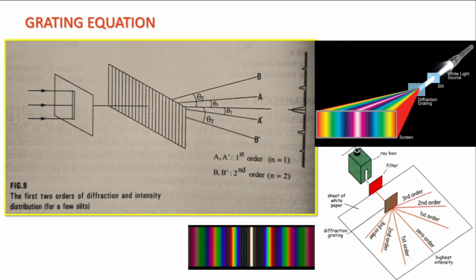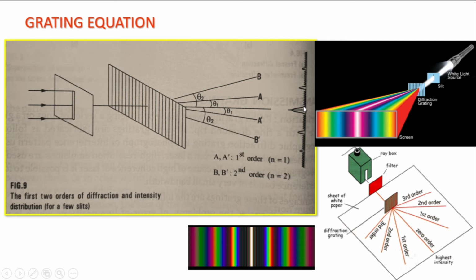Here we can see the diffraction pattern. As we have already told, the central maximum is there, that is the zeroth order principal maxima. On either side of the central maxima, we can see the first order principal maxima and the second order principal maxima. In between two principal maxima, we can see a small intensity pattern.